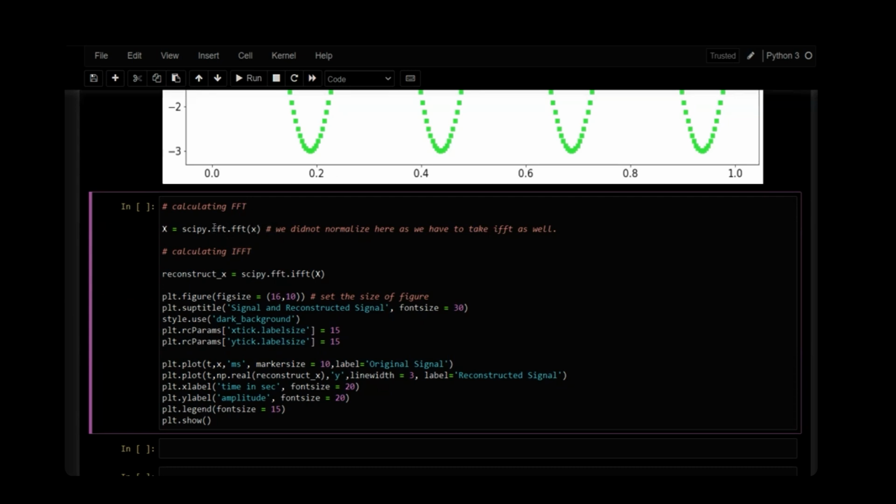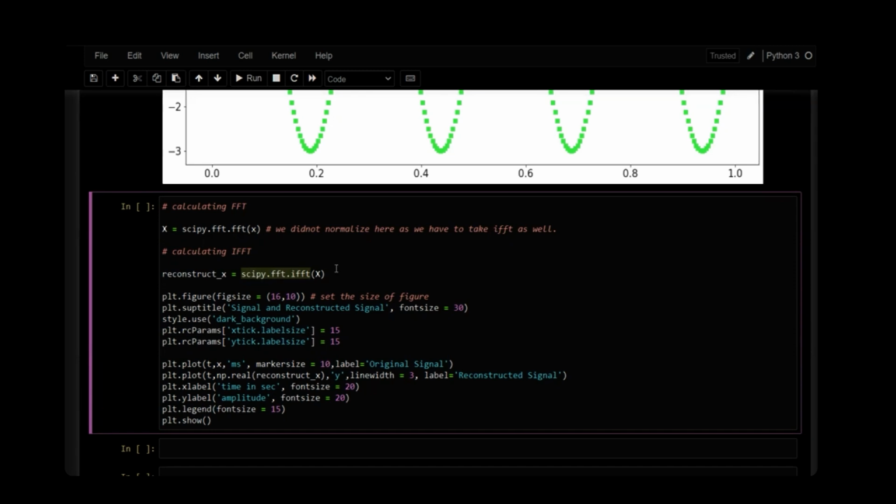Now, since we have to find the inverse Fourier transform, therefore we are not going to normalize this. We are not going to perform amplitude correction. And we are not going to convert the indices into the units of frequency or into hertz. So basically, we have just calculated the fast Fourier transform and we have denoted it by capital X.